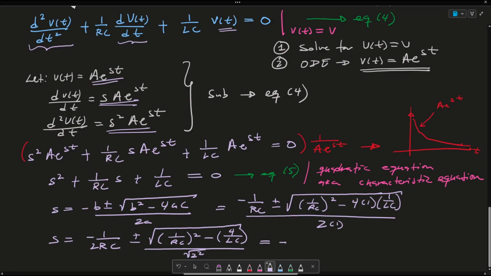And finally, we get that this is minus 1 over 2rc plus or minus the square root of 1 over 2rc squared minus 4 over 2 squared lc. As you can see, this 4 cancels out with this 2 squared. So then this becomes just 1 over lc.